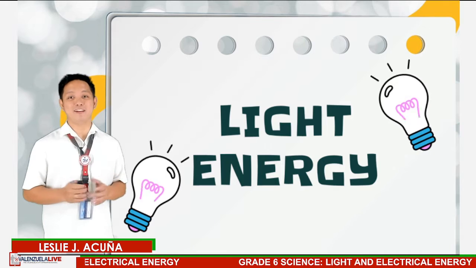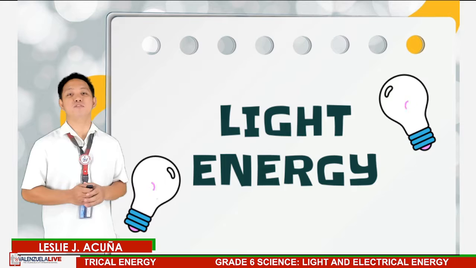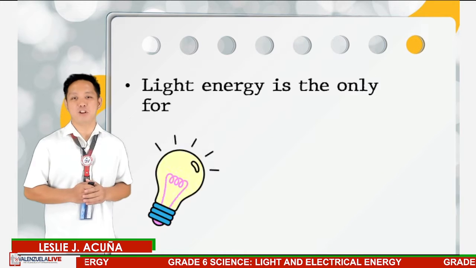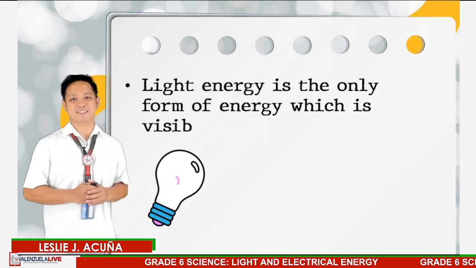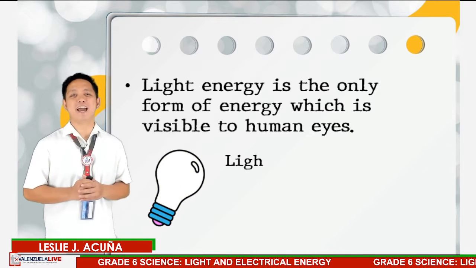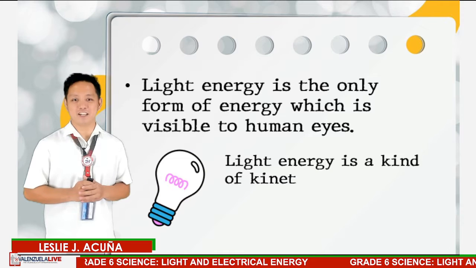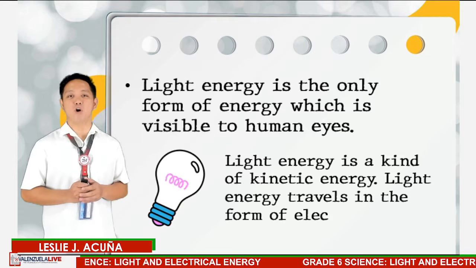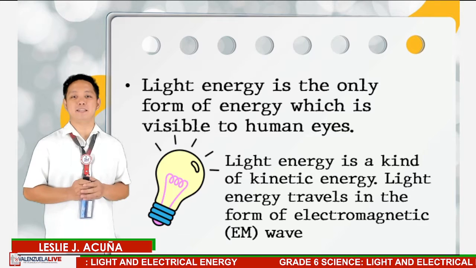So, light energy is the only form of energy which is visible to human eyes. Light energy is a kind of kinetic energy. Light energy travels in the form of electromagnetic wave.